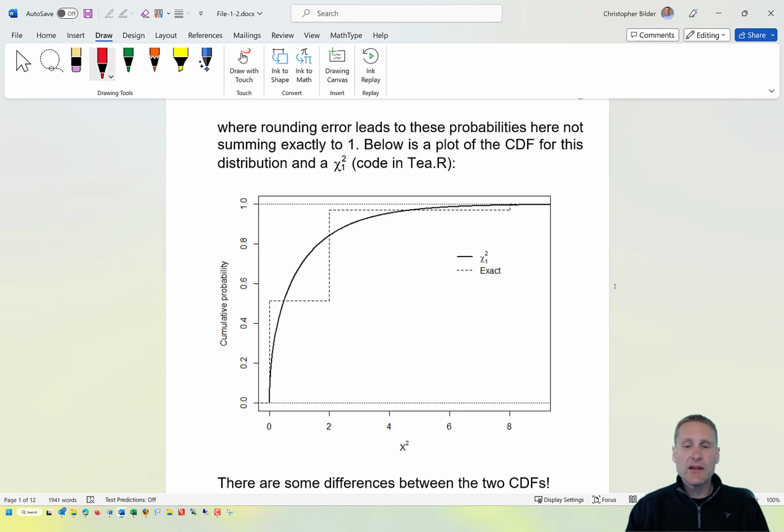And so what we see here in these plots of these CDFs are some large differences. Think about what this means in terms of using the Pearson chi-squared test statistic in this particular case to test for independence. We're using a continuous distribution to make a judgment about a discrete distribution that only has 3 possible values. As you might imagine, this approximation may not work out very well.